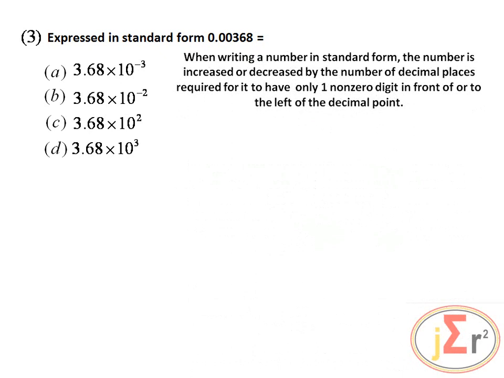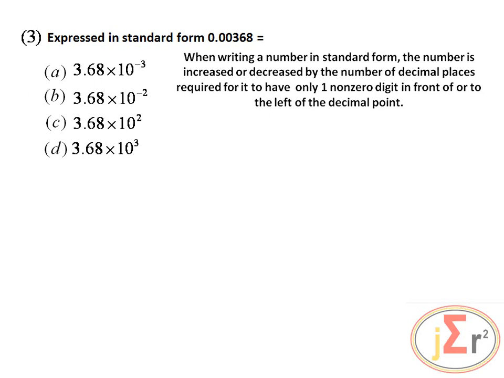When writing a number in standard form, the number is increased or decreased by the number of decimal places required for it to have only one non-zero digit in front or to the left of the decimal point. So the decimal point has to be adjusted in such a way that we have one non-zero digit to its left.